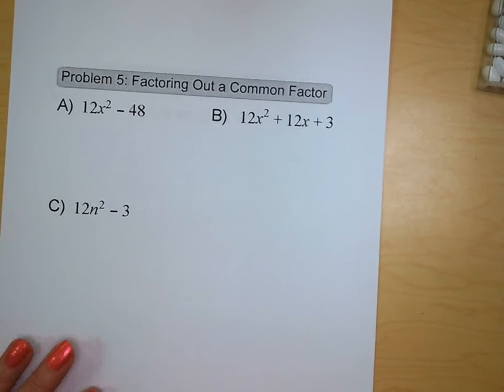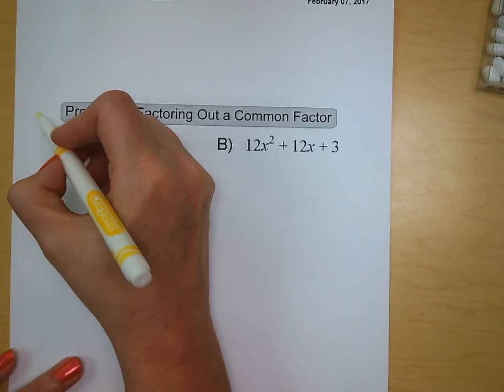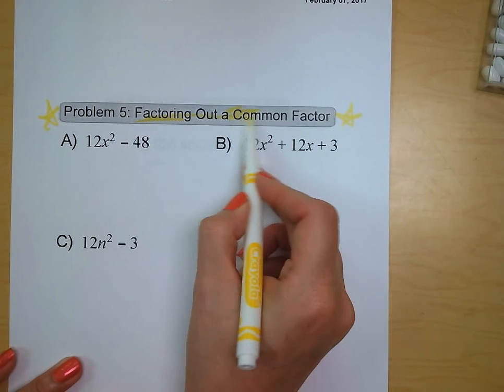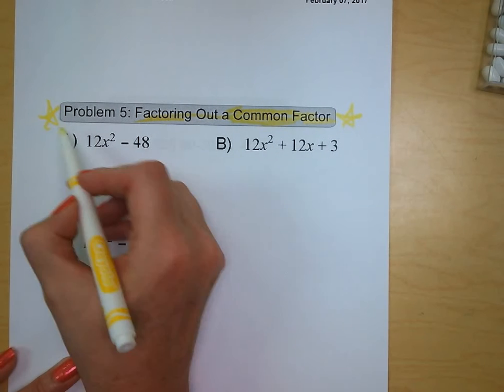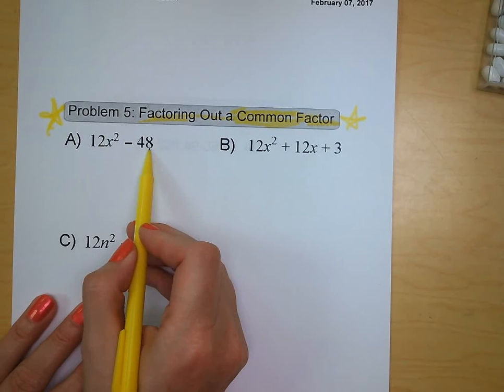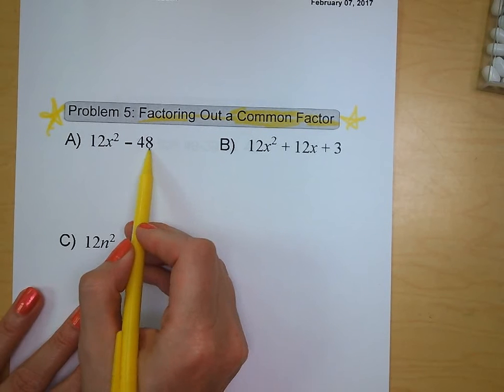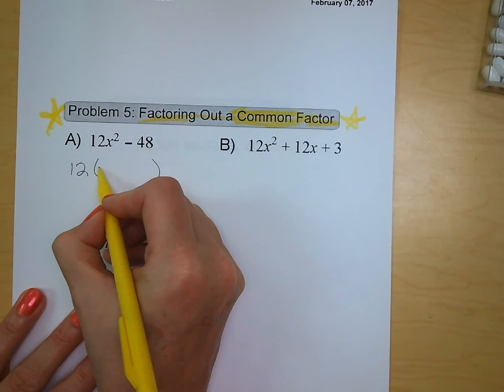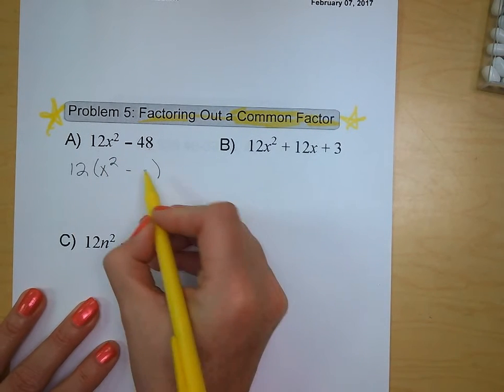Problem 5. First, we need to factor out a common factor. Please don't forget this. It will make your life difficult if you do. So, what common factor do we have in 12x squared and 48? I see that we can take out a 12. So we're left with x squared minus 4.